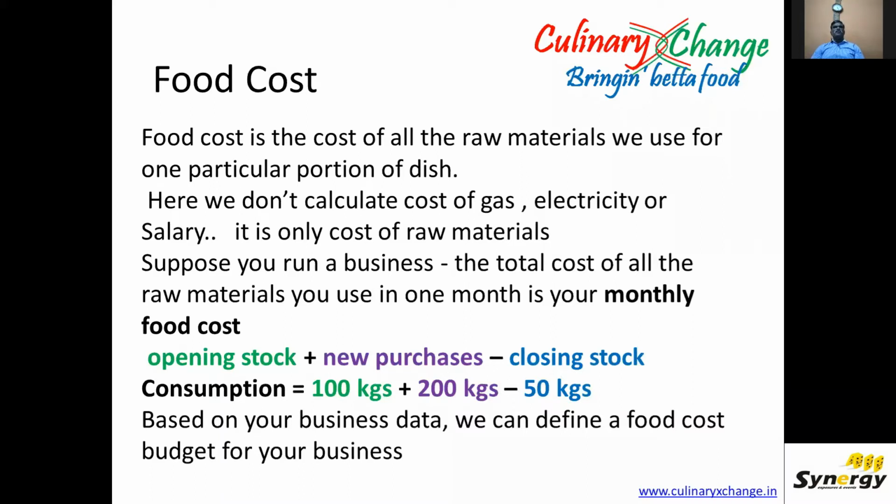Suppose cauliflower is sold at 50 rupees today and 100 rupees 3 months down the line. It may be 10 rupees sometime. You try to understand an average price per kilo. This will definitely give you some kind of understanding on this price factor.